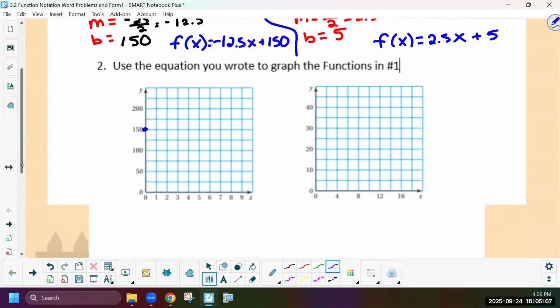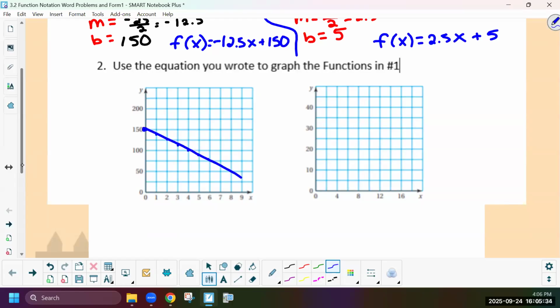So for this one, I can go down roughly where 12.5 would be. It looks like we're counting by 25s. So if I go roughly down 12.5, I'm going to keep on doing that. It's not going to be pretty because we're not counting by whole numbers, but we're going to see something like this. So this is what our graph would look like.